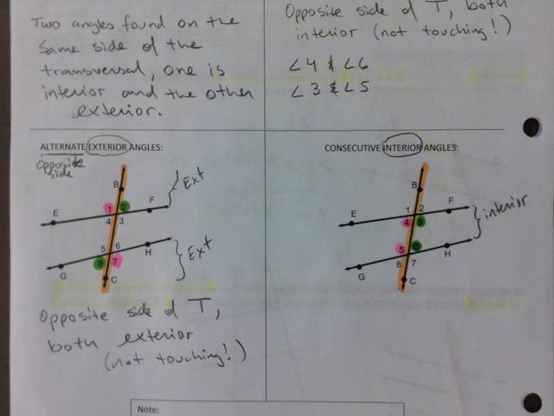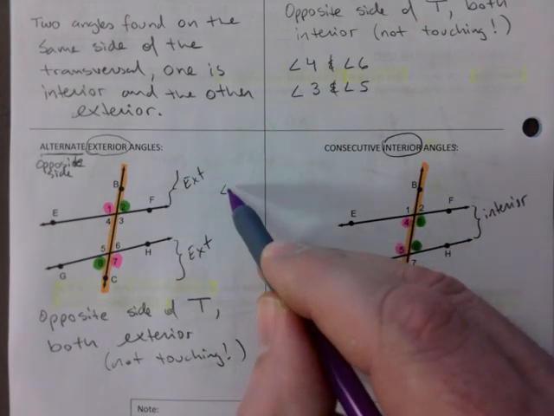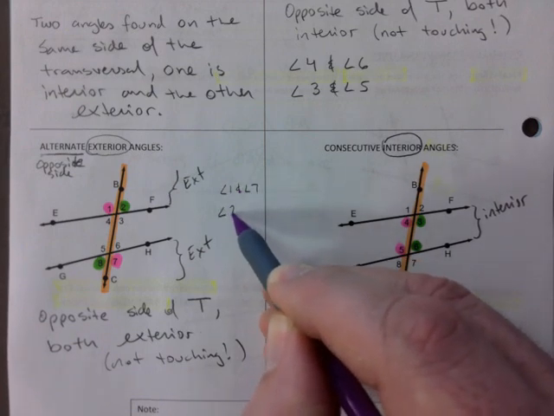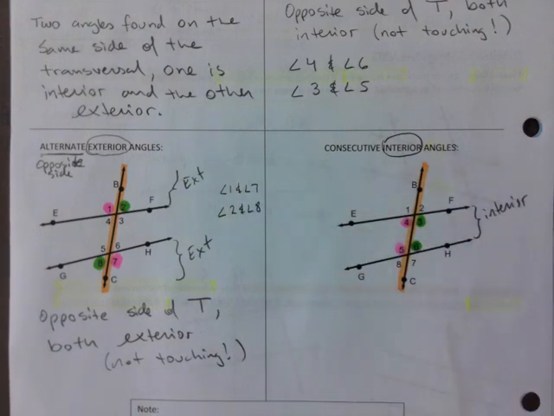CIAs, I call these, okay? I forgot to mention which ones here on the side. So let's just write angle 1 and angle 7, angle 2 and angle 8. So corresponding, you've got 4 pairs. All the other ones, only 2 pairs.